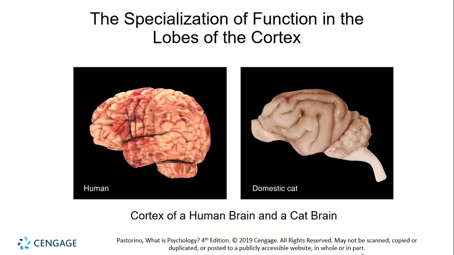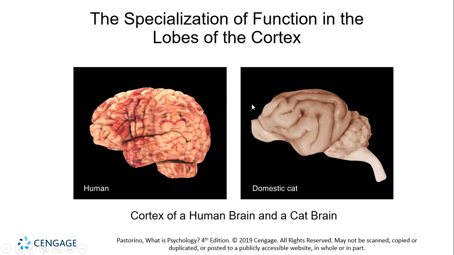Now, what you're seeing here is the difference in the frontal lobe between a human and a cat. In the cat, you'll notice that a cat obviously has a frontal lobe, but their frontal lobe is not as thick, is not as large as ours. It's so small, in fact, that it doesn't even cover the brainstem completely.